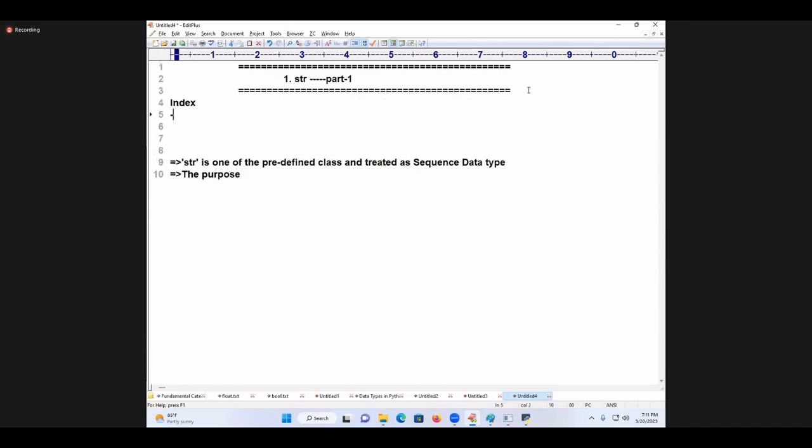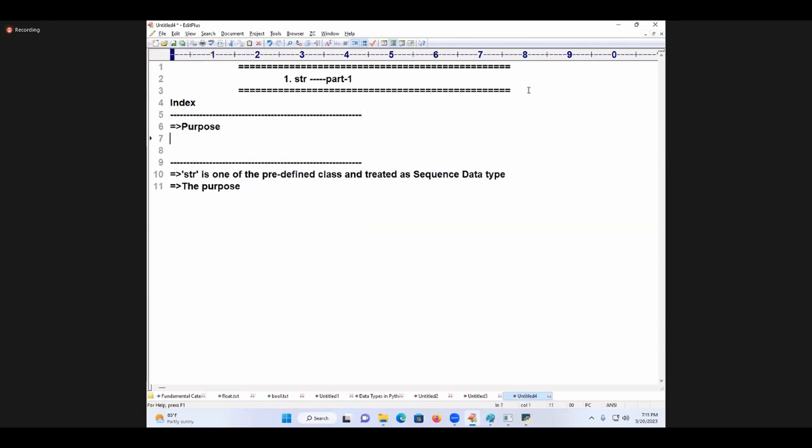Under that STR, I forgot to tell you what I am going to explain. This is why it is taking that much time for me to explain, so that you will understand. Number one, I'm going to tell you the purpose.